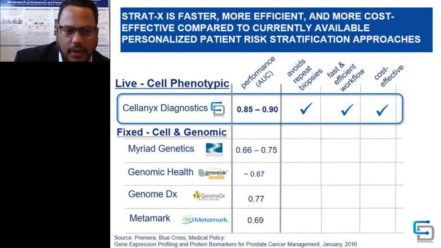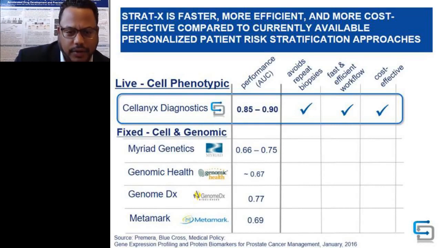We find that in our results, with similar patient numbers in terms of our clinical trial, these dynamic biomarkers are actually achieving better performance with respect to prediction. Not only that, but it avoids repeat biopsies by being able to predict even if the biopsy misses the tumor.